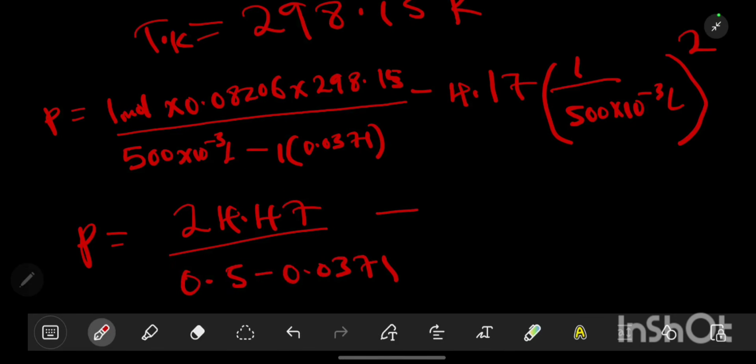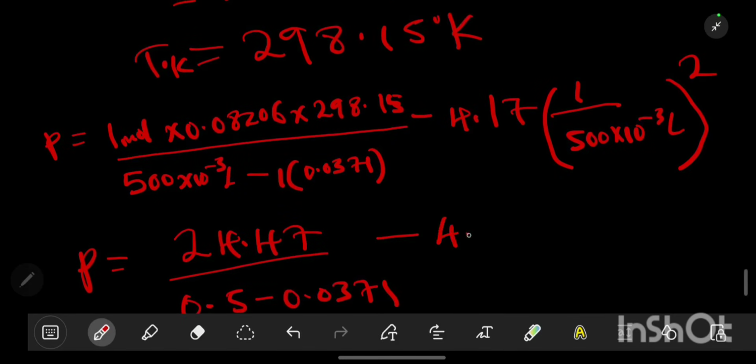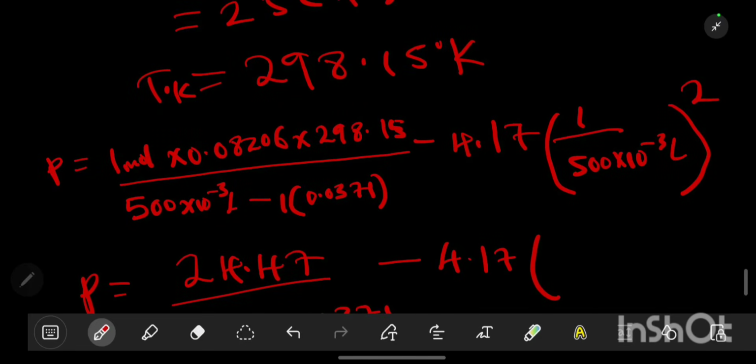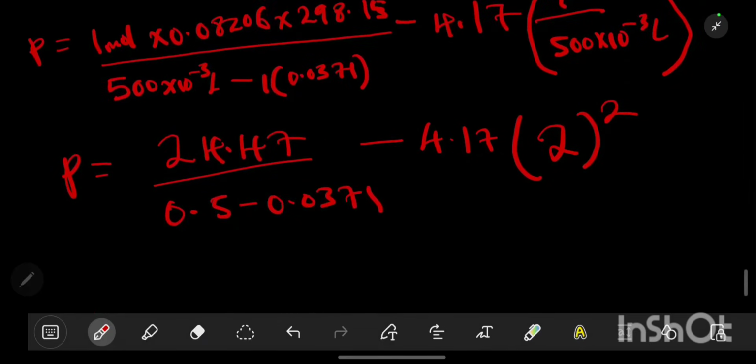Then we have minus 4.17 times 1 divided by 500 times 10 to the power negative 3. That is going to give us a 2. So we get a 2 there, we square it.